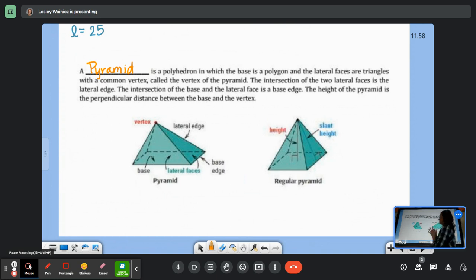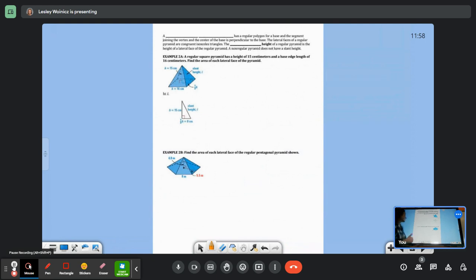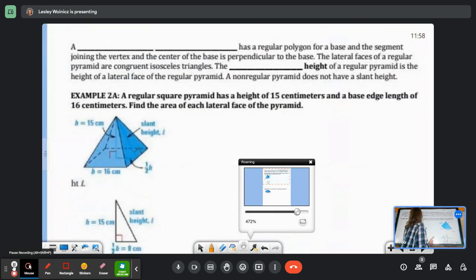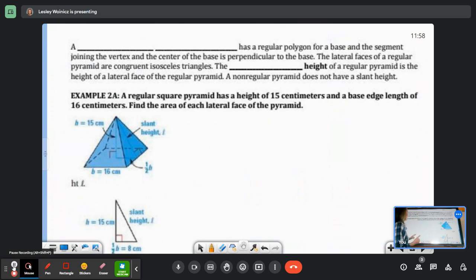Okay, we knew that. A regular pyramid is going to be one that has a regular shaped polygon as a base. So all the sides are congruent, all the interior angles are congruent. Okay, perfect. I don't know what this blank is.